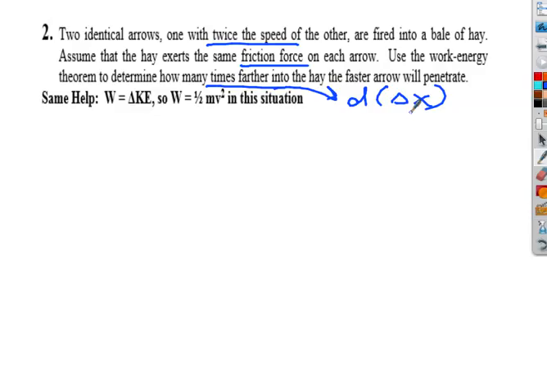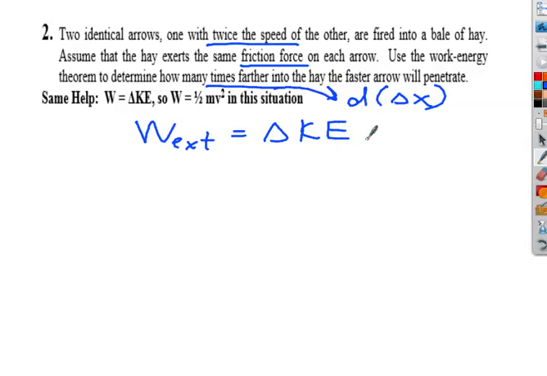I provide some help here, but if help's not given, we should still lead to this. We're looking at the idea that work external will equal the change in kinetic energy.